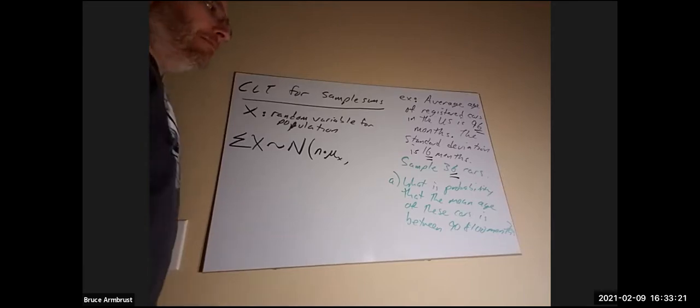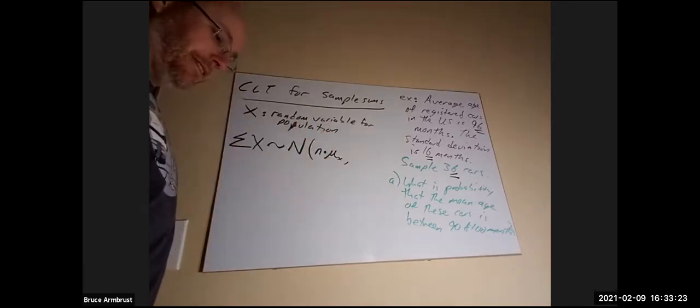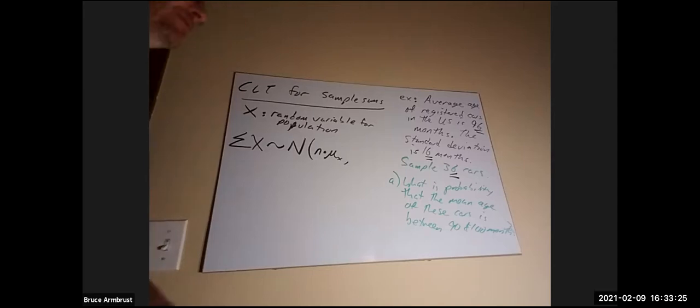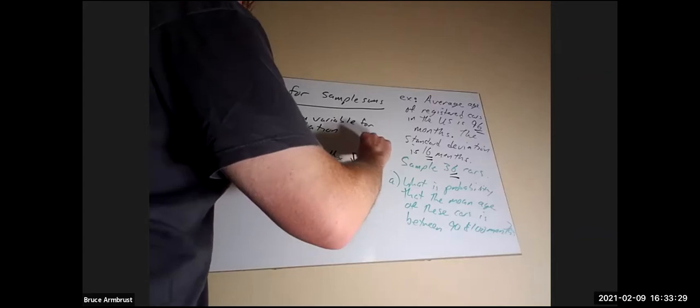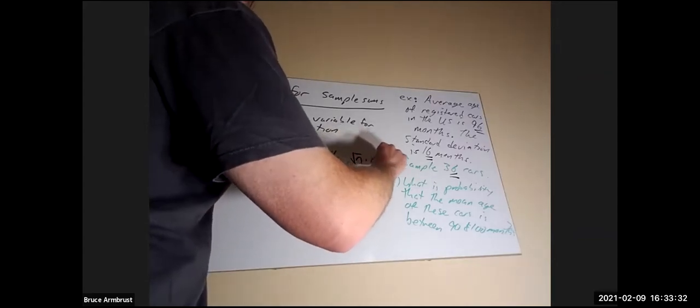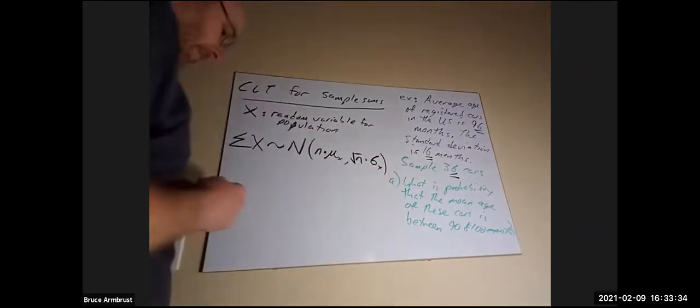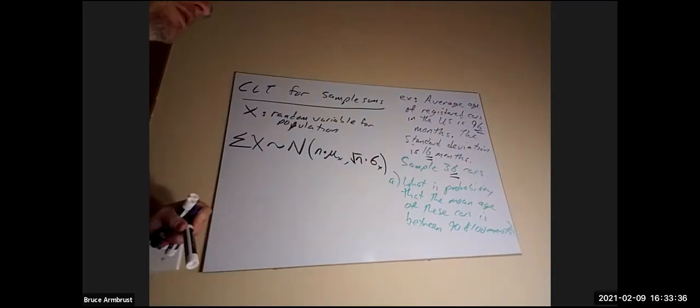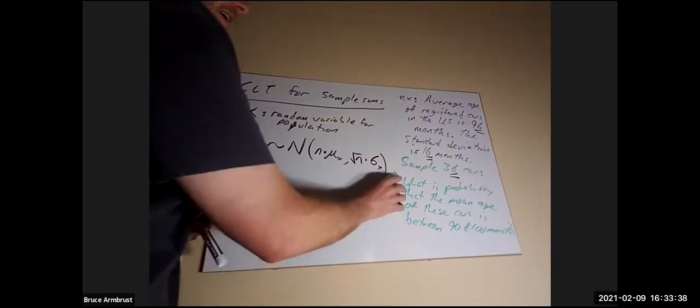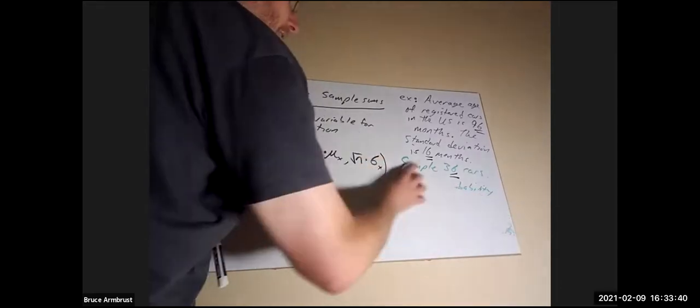All right, so then what about the standard deviation? Well, the standard deviation is also related to n. But it's going to be the square root of n times the standard deviation. Before, we divided by the square root of n.